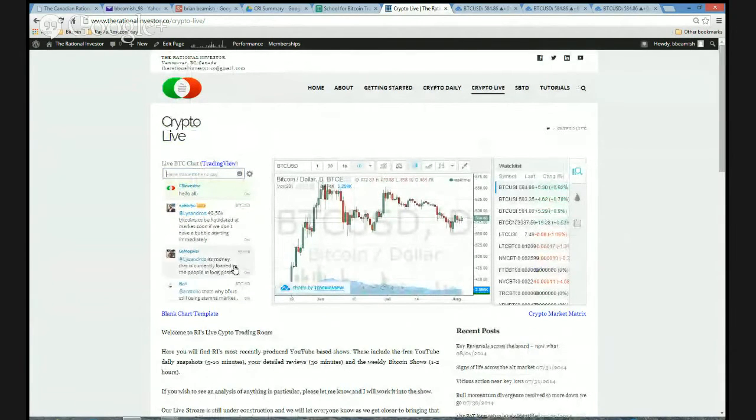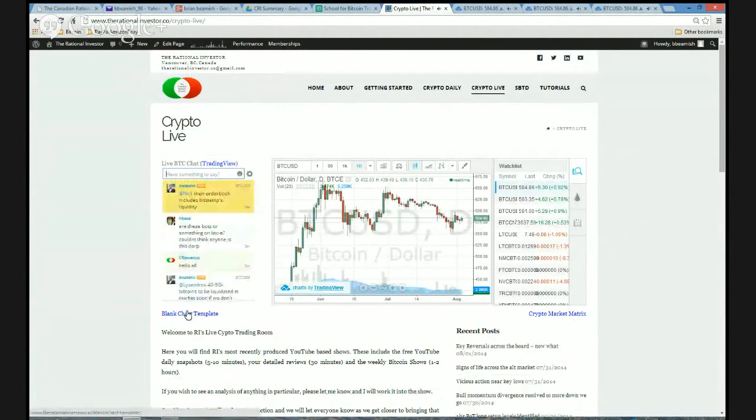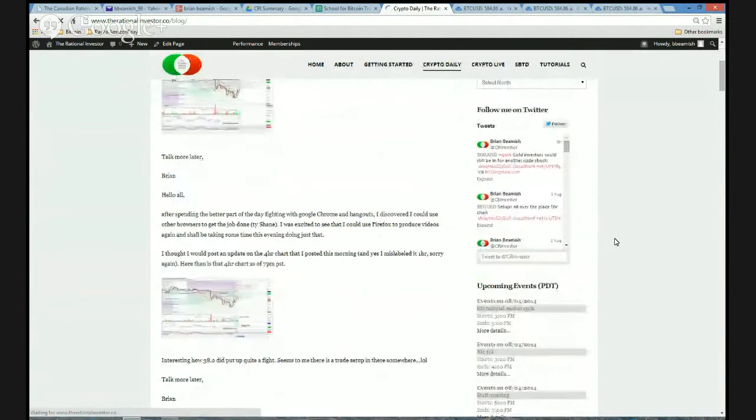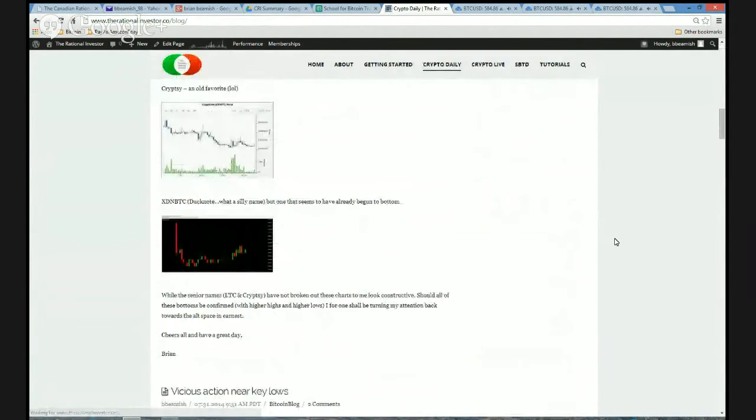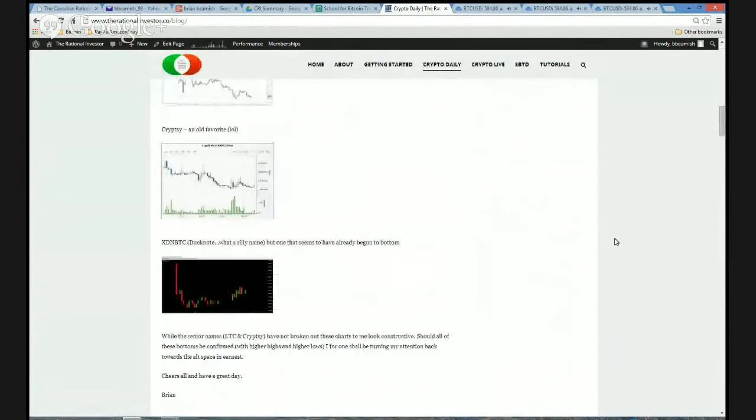I worked this weekend on the blank chart template and crypto market matrix sites. We won't get into that too much because today's just a daily view, but there's lots of good stuff to look at in there. And of course, the Crypto Daily blog is marching right along. Every time I think of something or see a chart I'm interested in, I fire it up, and it's good stuff for you to chew on on a daily basis.